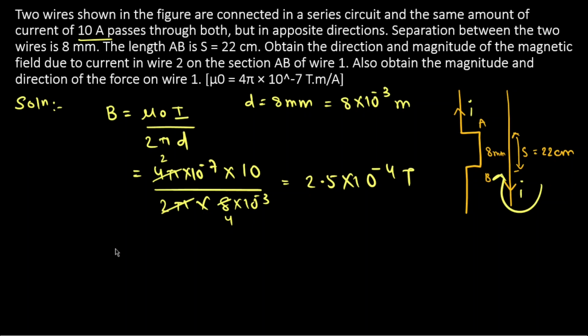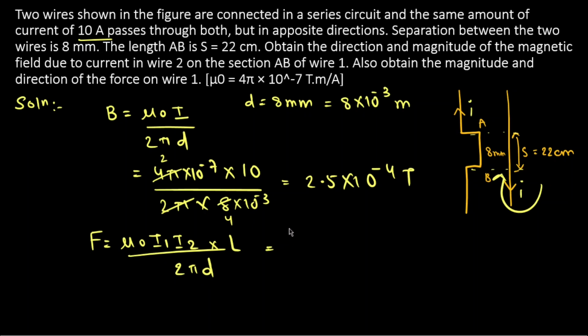Now let's calculate the magnitude of that force. So F is given to us as mu naught I1 I2 into L, that is the length of the wire, divided by 2 pi d. For us the length will be 22 centimeter, because we need to calculate only for this part AB.